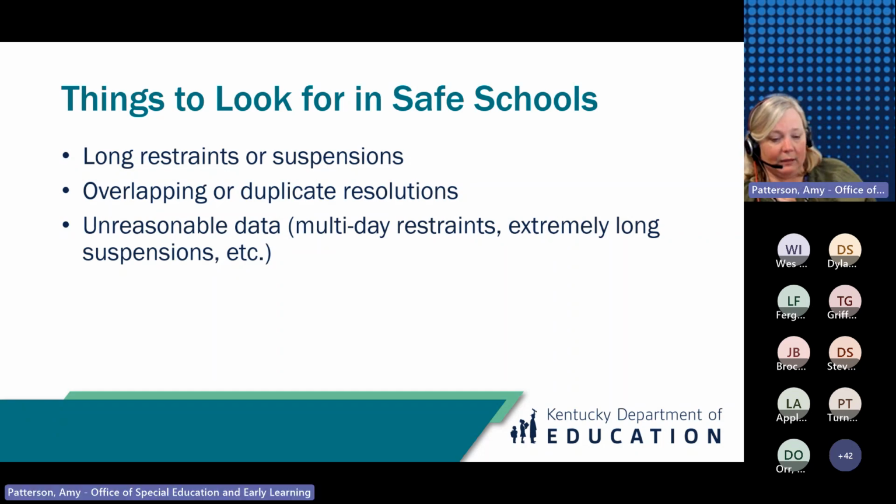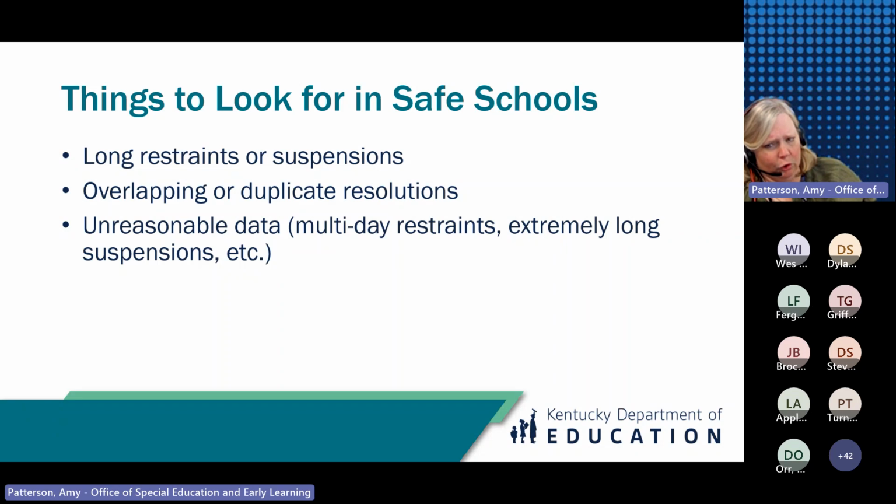And he came back for 2 days and then got another out-of-school suspension for a day. So the way that's showing up in the report is 10 days for in-school suspension and 4 days for out-of-school suspension. So it looks like he was removed for 14 days. But really, it was just 10. It's just that some of those were in school and some were out of school. So you want to look for that kind of thing.